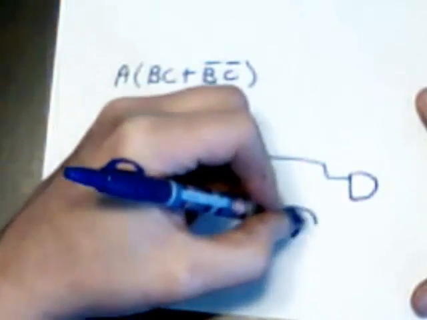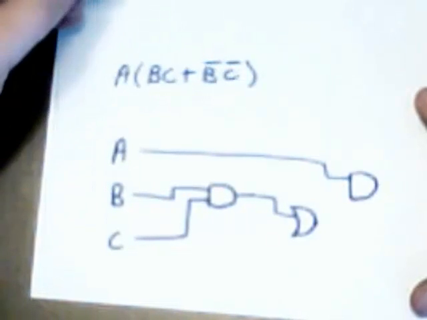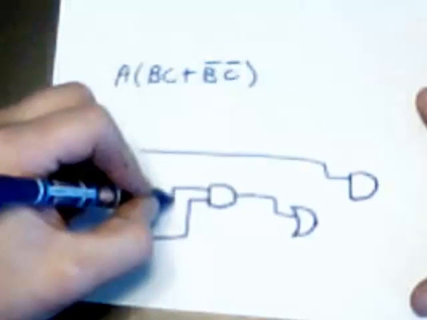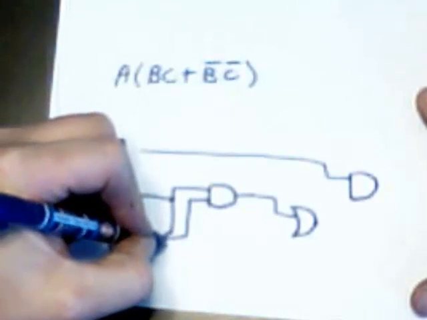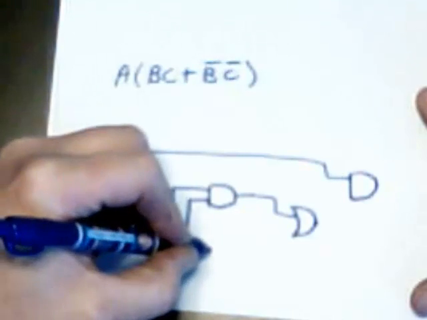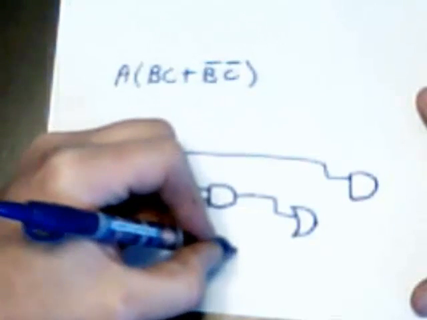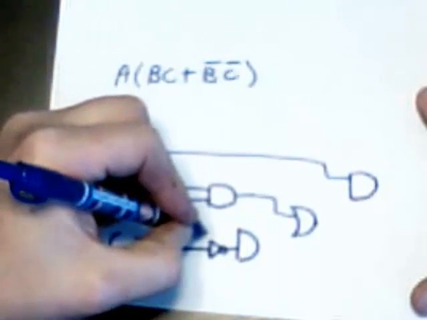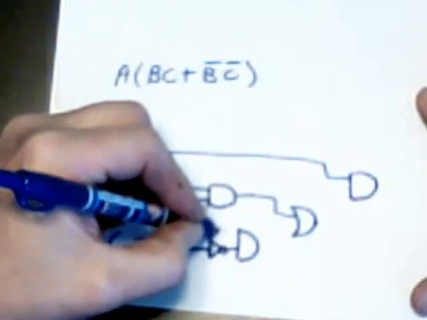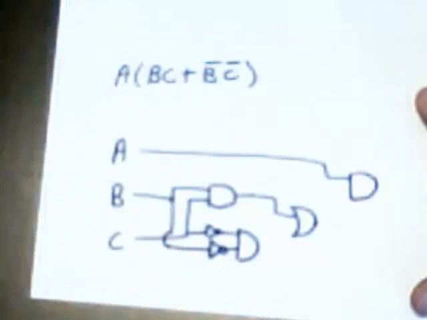I'm going to add that to not B times not C. So I need to take a B, NOT it, and multiply it with a NOT C.